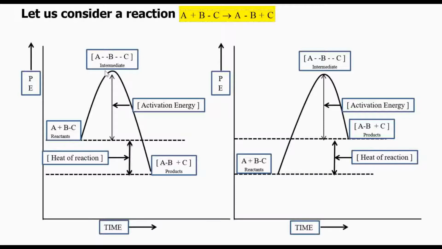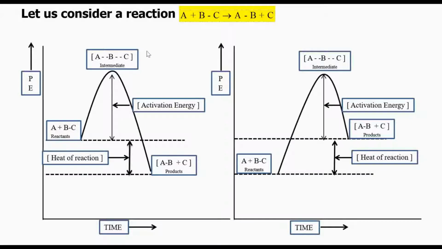In order to send these reactants to the activated complex stage, you have to supply some energy, and this energy is different for different reactions. This energy is the difference between the energy of the reactants and the intermediate or the transition state or the activated complex, and that energy is called activation energy. So that is shown in the figure.